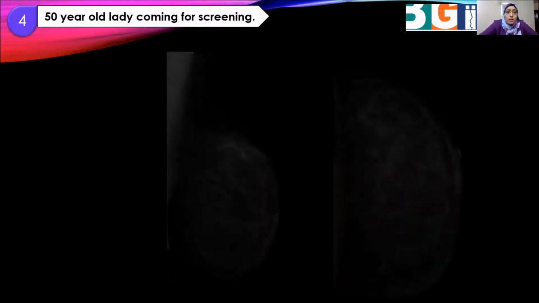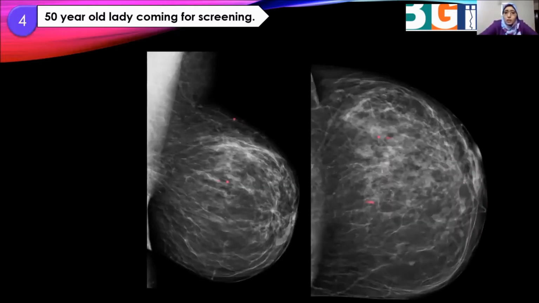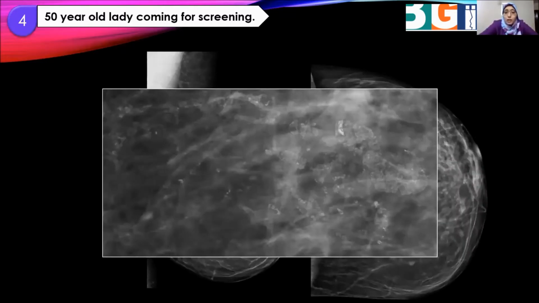This is another lady who also came for screening. Actually, we find very faint dense shadows. This was an annoying finding because this patient had her annual mammogram last year and it was completely free. So this was a questionable finding. We began to ask the patient and search her skin for any abnormality. There was abnormal contrast on the plate.